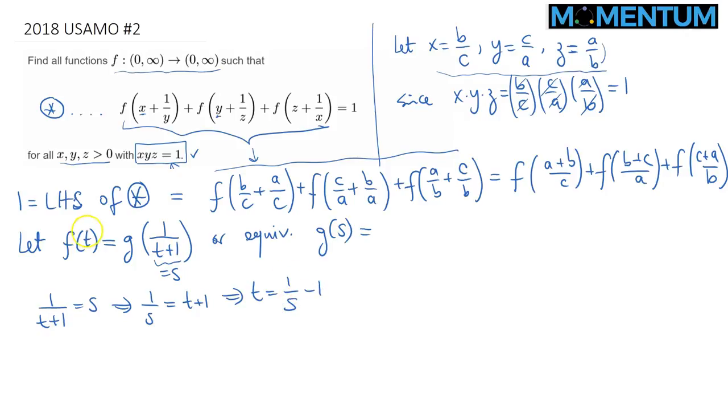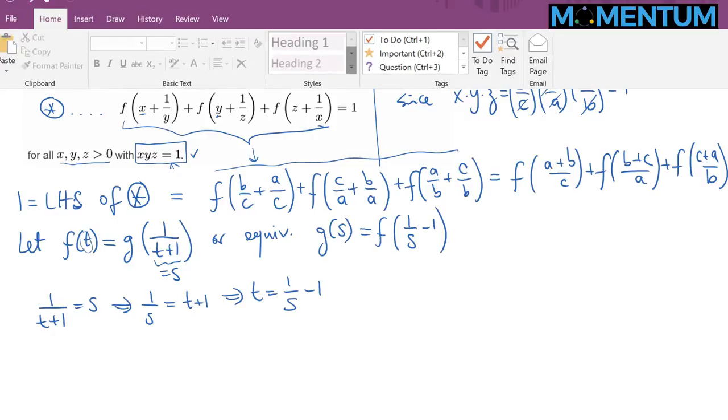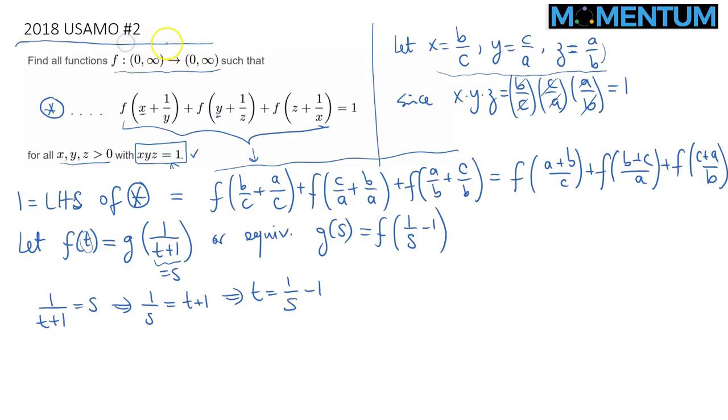So therefore I can replace the t here with that expression, so therefore f of 1 over s minus 1. So we can now rewrite this problem. Actually, let me draw it with a different color. Let's use the red color. So we can re-express this problem in the following way now.